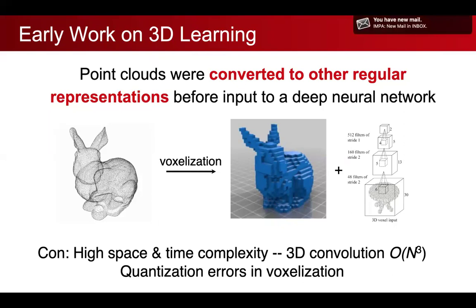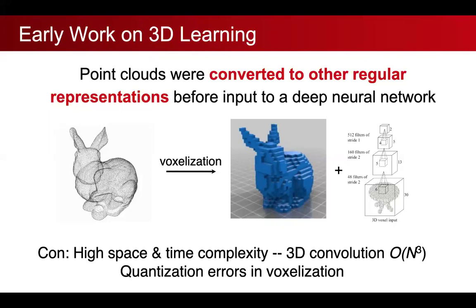This has some qualities, but also some problems: 3D convolution has a complexity that's O of n cubed and takes a lot of space. And at the same time, when you convert geometry such as a point cloud to a voxel grid, we have quantization errors.